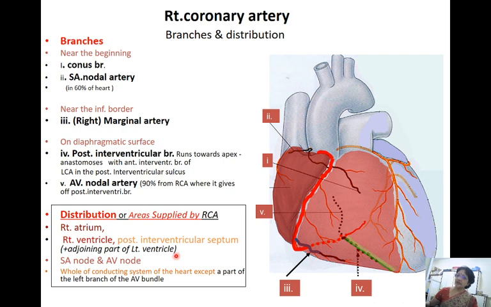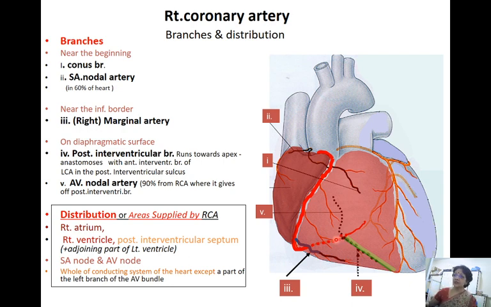Adjoining that is part of the left ventricle. The orangish reddish color is the right ventricle, but this light green is a little strip of left ventricle also on the back side, supplying much of the muscle.